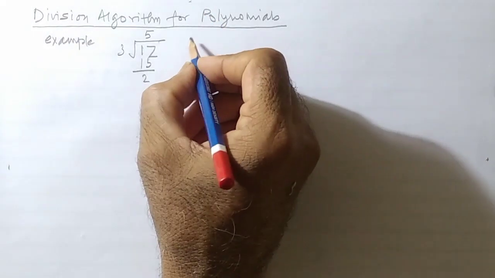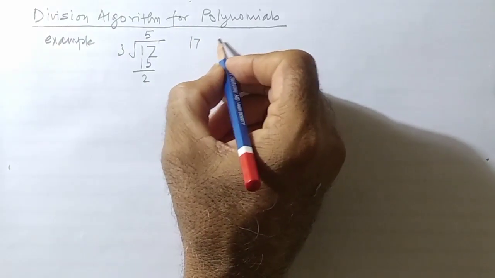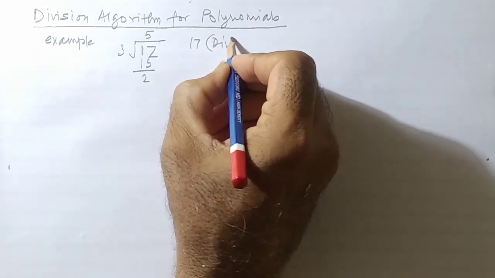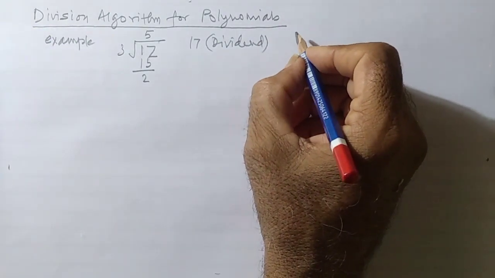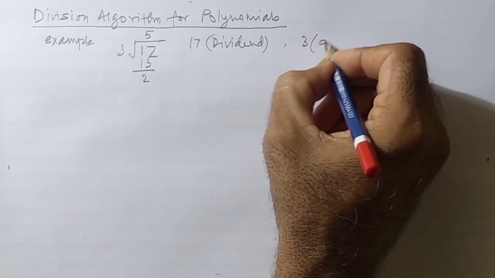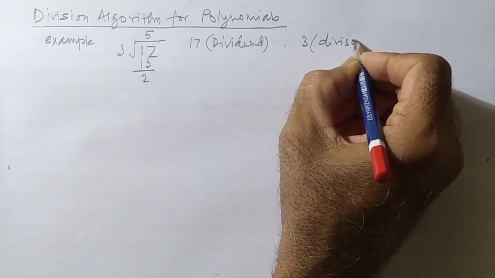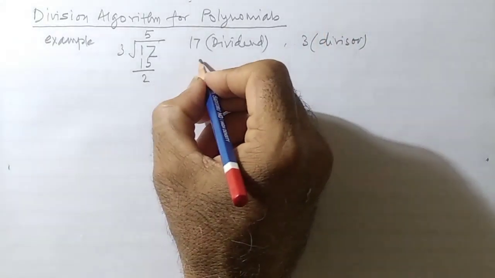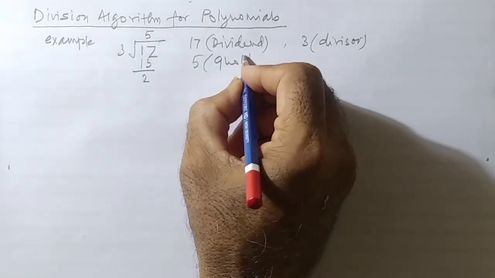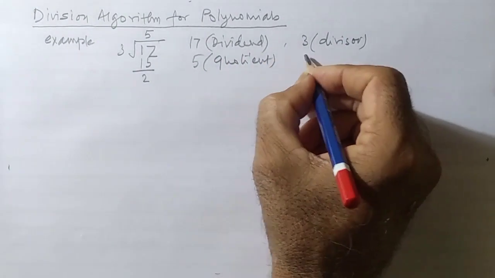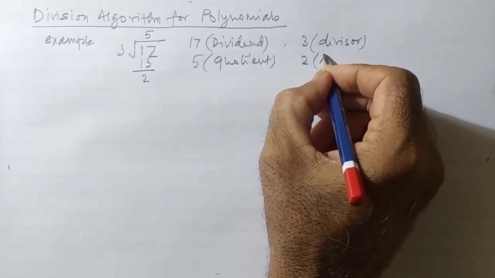So we say 17 is the dividend, 3 is the divisor, 5 is the quotient, and 2 is the remainder.